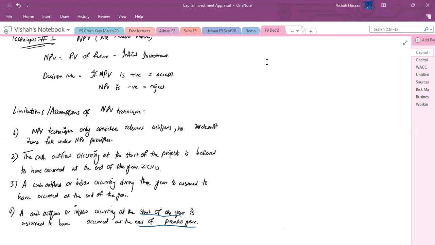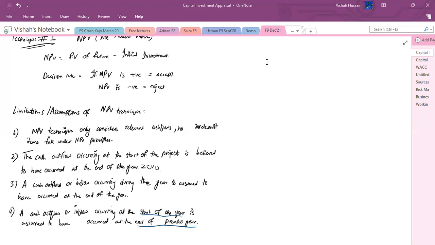But basically, when you are accounting for them, you're not actually paying anything. Rather, it is just an estimate. So this estimate is considered a non-cash item, which is why you do not include it in your NPV technique either. All clear?